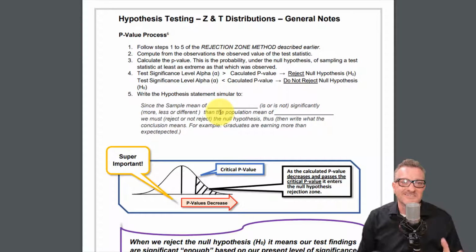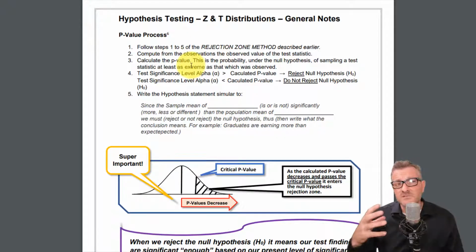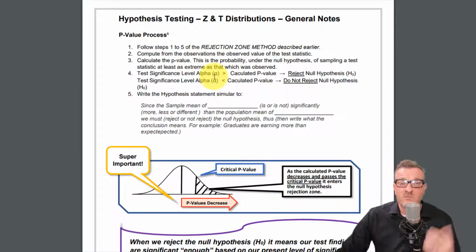It's not as easy for your calculator. So this is why in the past everything was done with rejection zones. It's much easier to work with rejection zones than p-values, in the past, before calculators made it really easy. So it says follow steps 1 through 5.